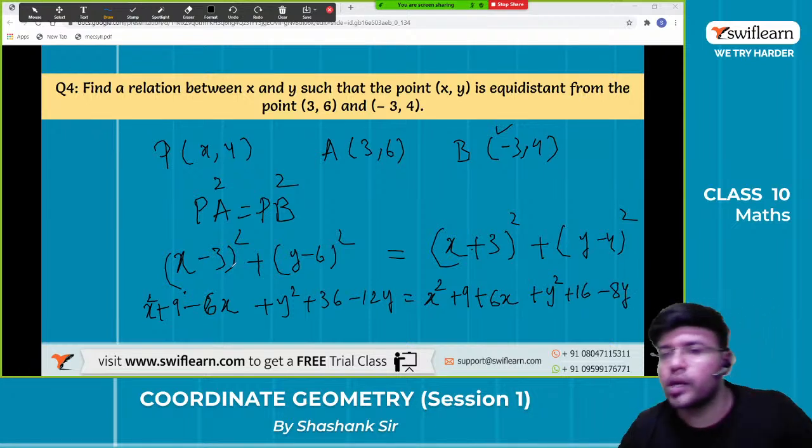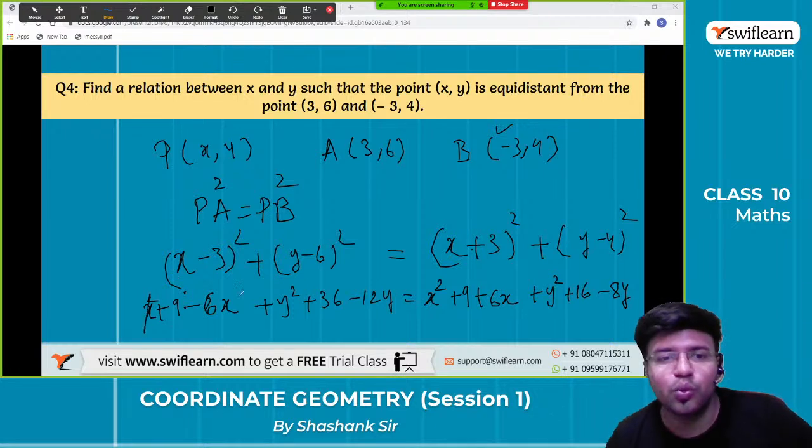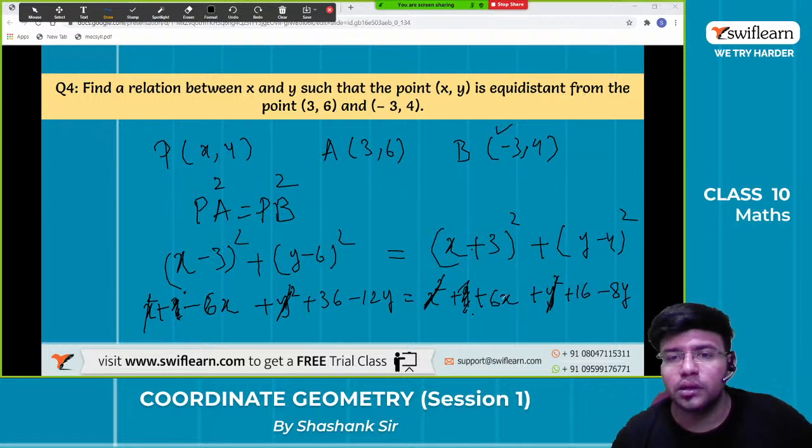This is what we get. Now see here, x squares are on both the sides, we can cancel them. Y squares are on both the sides, we can cancel them. Luckily 9 and 9 are there on both the sides, so we can cancel them. So what are we left with?